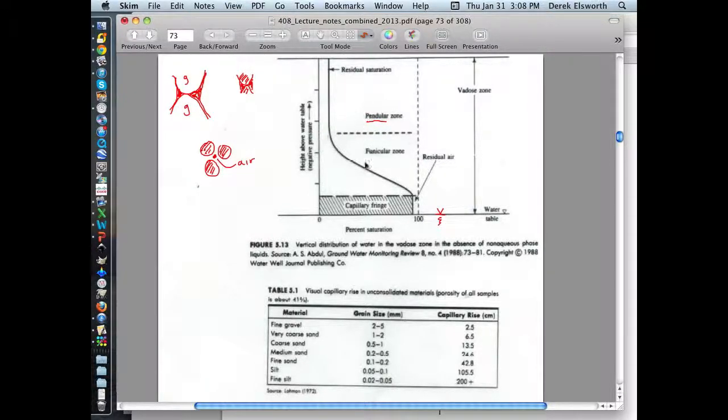All right? And so we know that as you go up in the vadose zone, if you can calculate how the capillary pressure changes with height, and you know what the capillary pressure is at a particular location, then immediately you can calculate what the saturation of water would be, which would be this, and the saturation of the other non-wetting fluid would be this.